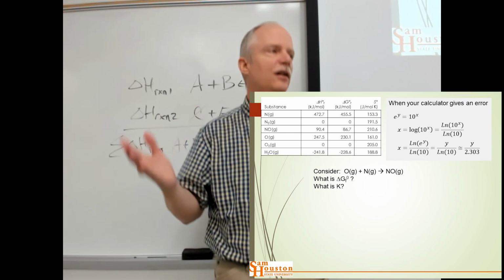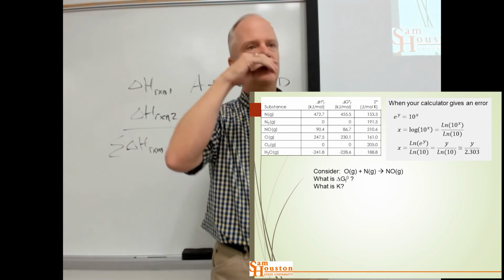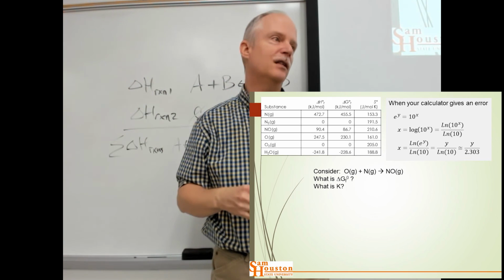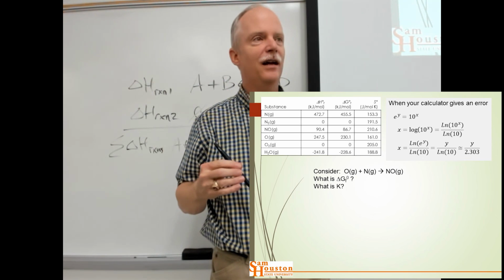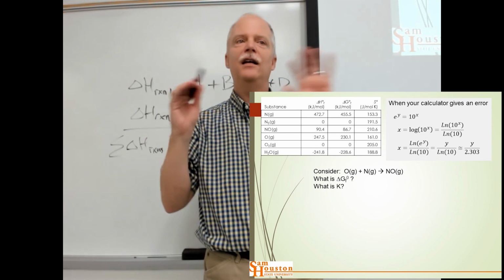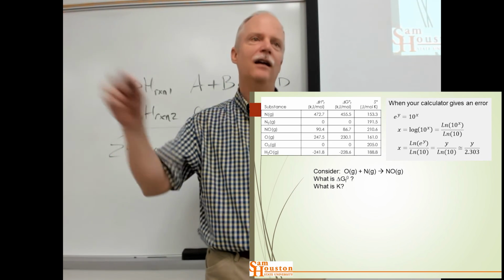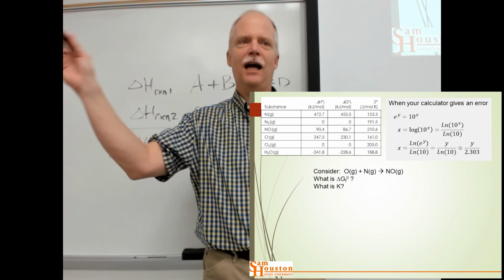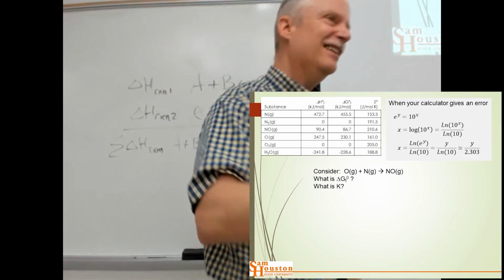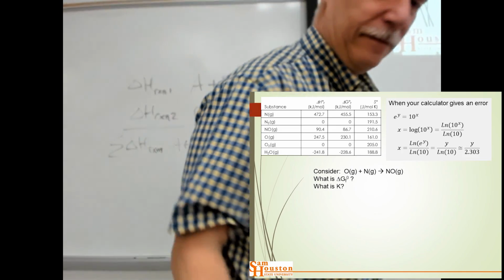And so what are you going to do? Well, just go back to your algebra, change the base, and you can give it in powers of 10, which is a little more satisfying, at least to me. I like to see my equilibrium constants in powers of 10. So I can kind of think, how many zeros is that? As opposed to how many e's is that?